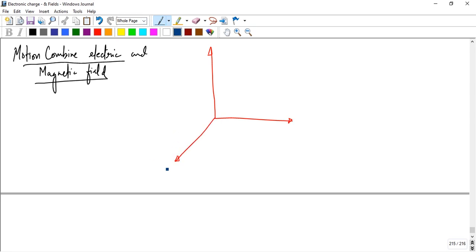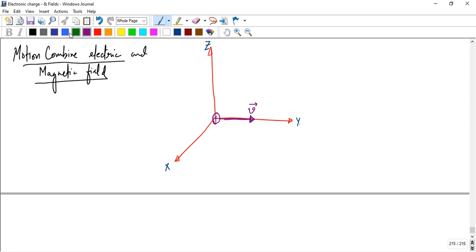Suppose there is an x-axis, y-axis and z-axis. There is a charge, a proton, moving in the y direction, so the velocity is in the y direction.